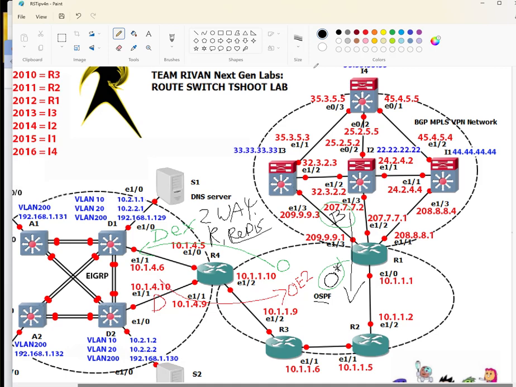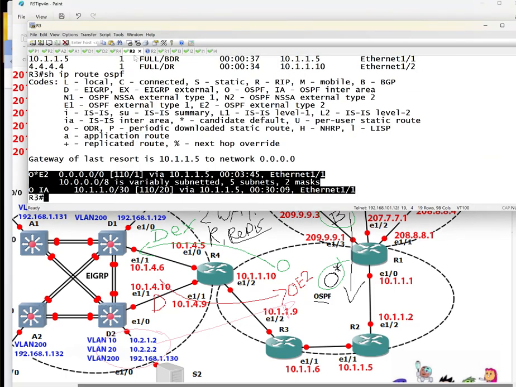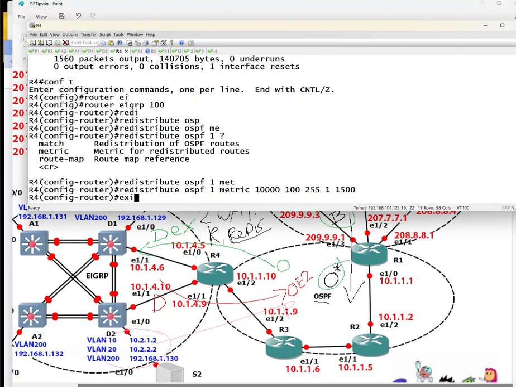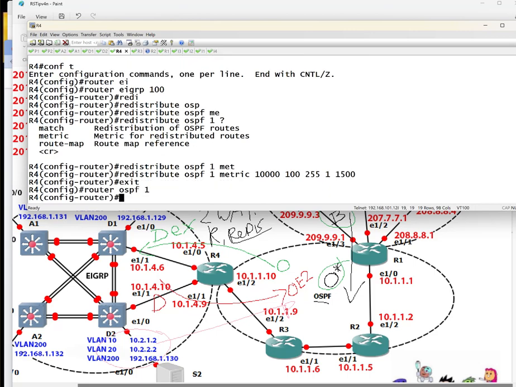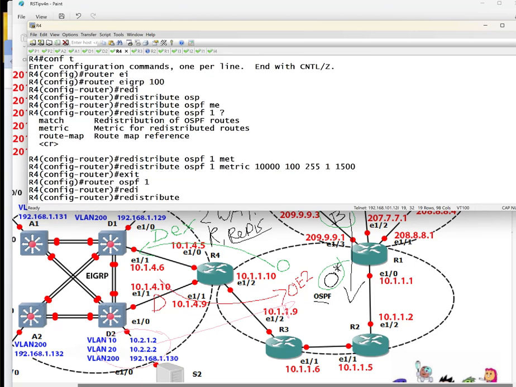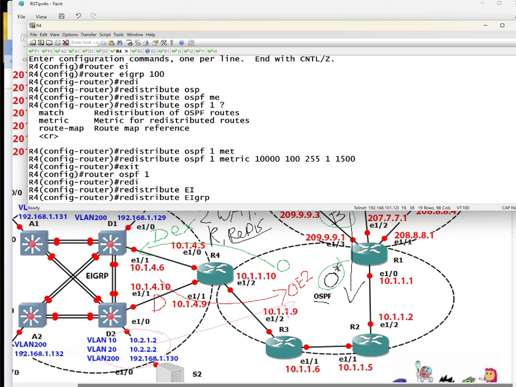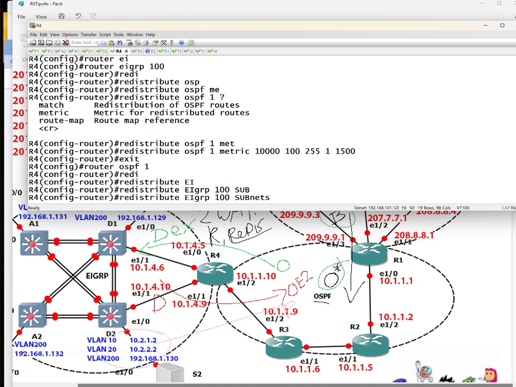This route has to go here. In order to do that, it's just a simple redistribution command. We type router ospf 1, redistribute eigrp 100, including all subnets.